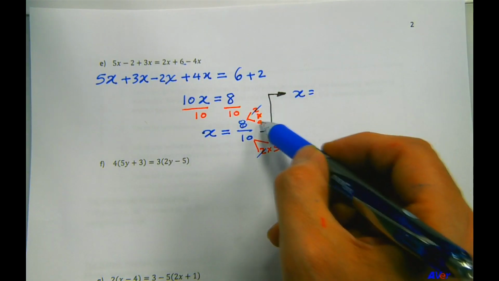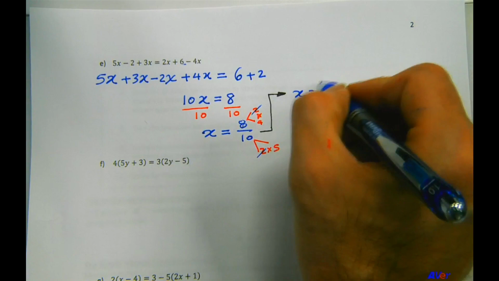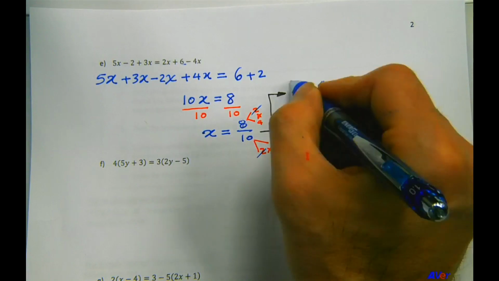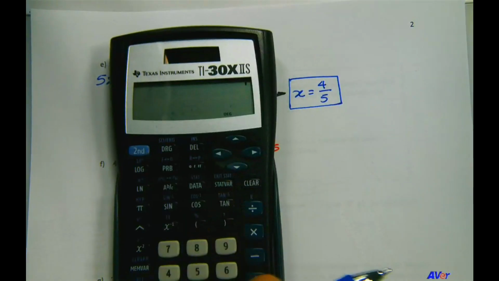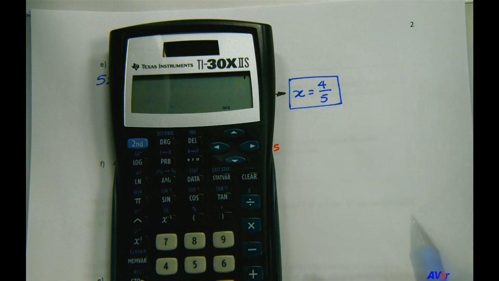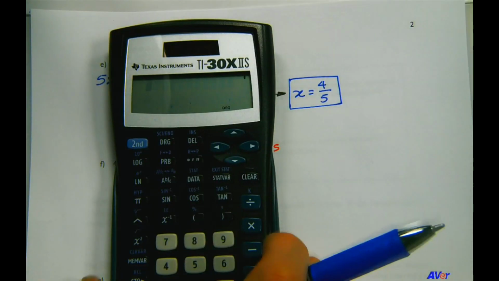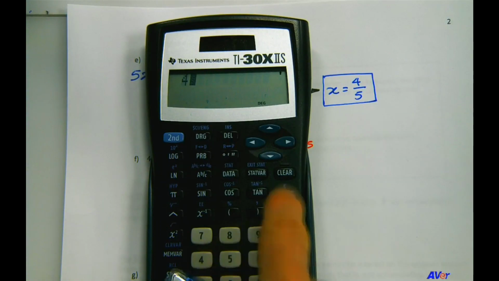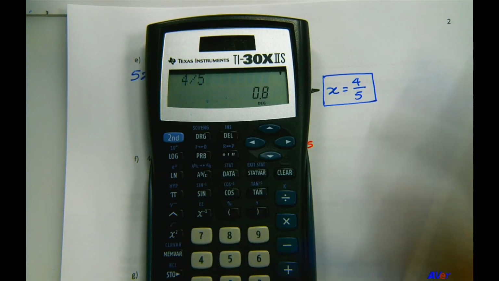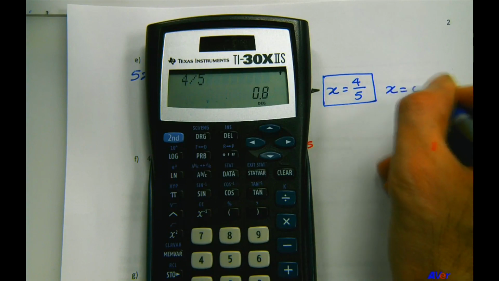We end up with 4 divided by 5. So that's x. On paper, either that or 4 divided by 5, 0.8, is acceptable to me. So you can also say x equals 0.8.